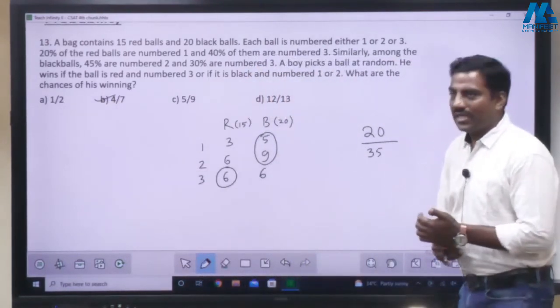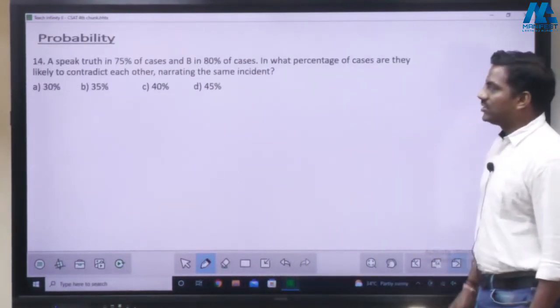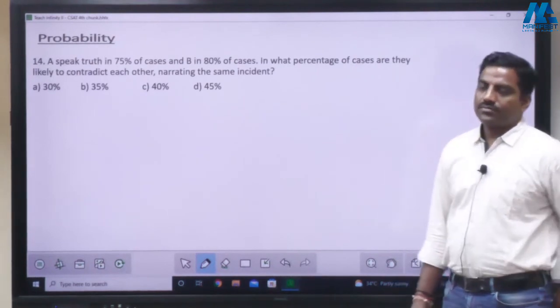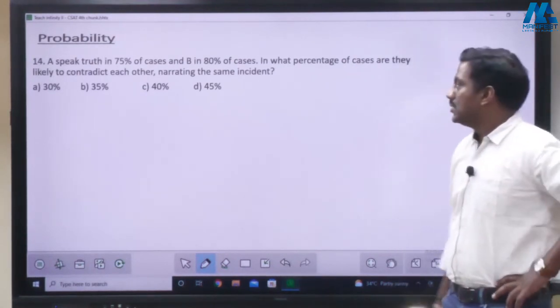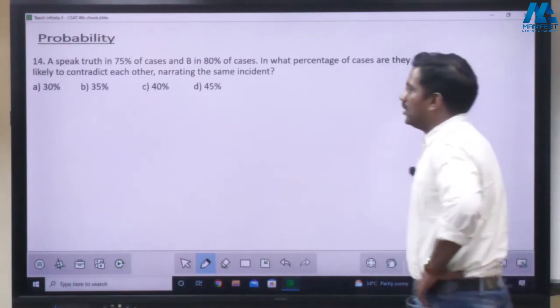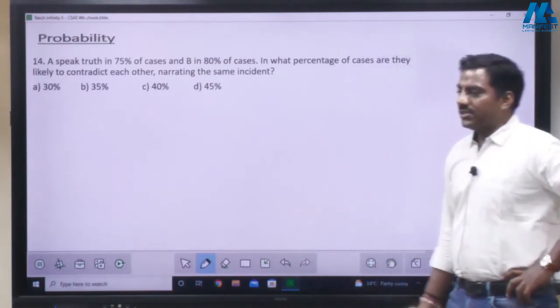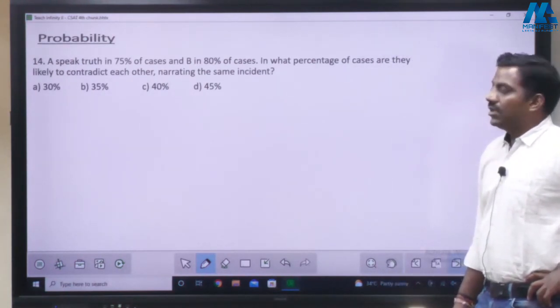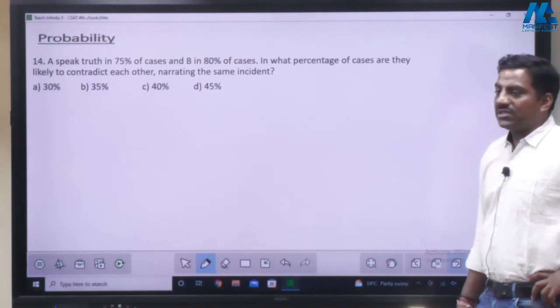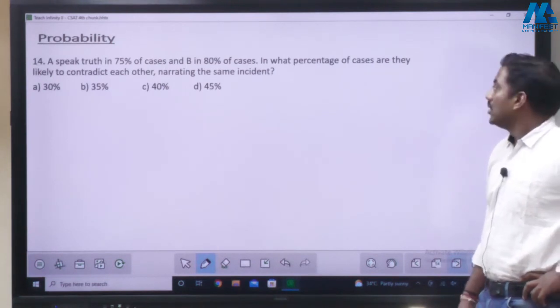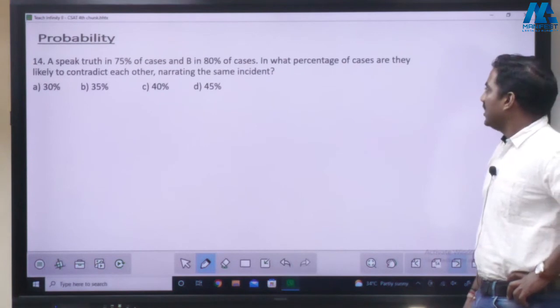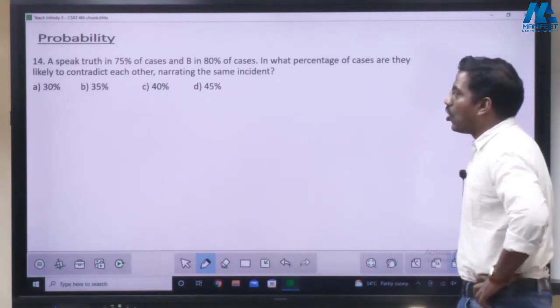Fine? Last type of question. A speaks truth in 75% of cases. B speaks truth in 80% of cases. In what percentage of cases are they likely to contradict each other?